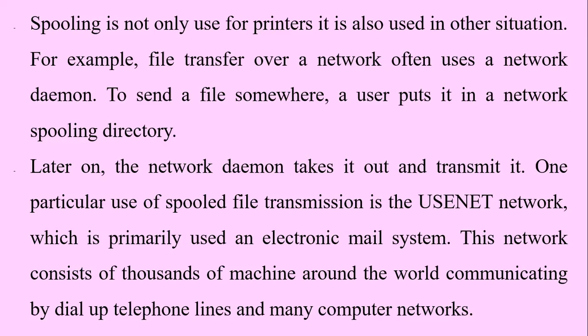One particular use of spooled file transmission is the Usenet network, which is primarily used as an electronic mail system. This network consists of thousands of machines around the world communicating by dial-up telephone lines and many computer networks.